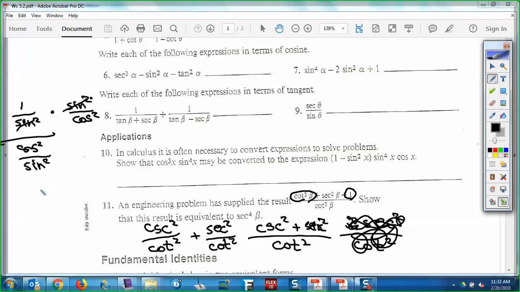So we get 1 over cosine squared, which would be secant squared. So this whole thing is just secant squared. Isn't it? Yeah. 1 over cosine squared. I just flip that. Sine squareds cancel. For some reason, when I did this earlier, it seemed a lot simpler.